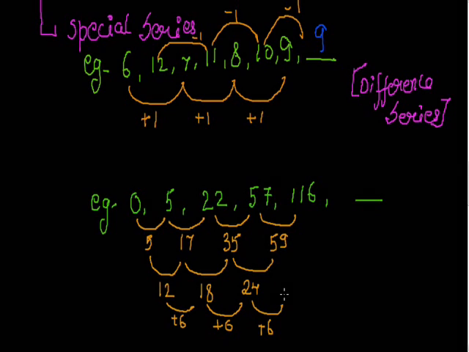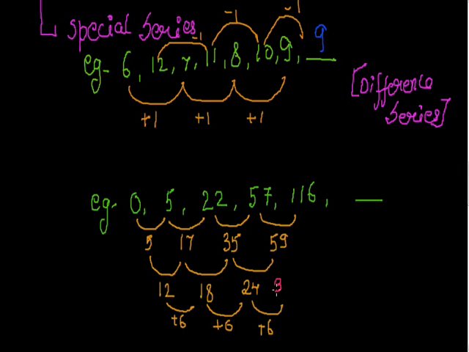So our next addition should be 30, which should be added to 59. When we add 30 to this 59, we will get 89. So our next number is 116 plus 89, that is 205.